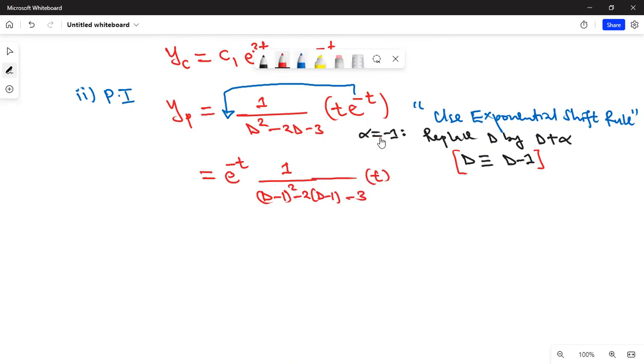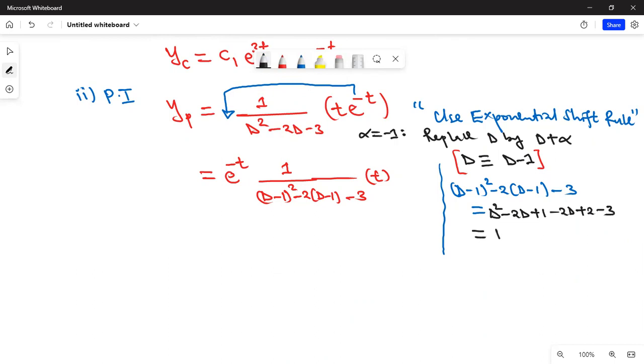So let me work out the denominator. I need D minus 1 squared minus 2 into D minus 1 minus 3. What is it equal to? This should be equal to D squared minus 2D plus 1 minus 2D plus 2 minus 3.